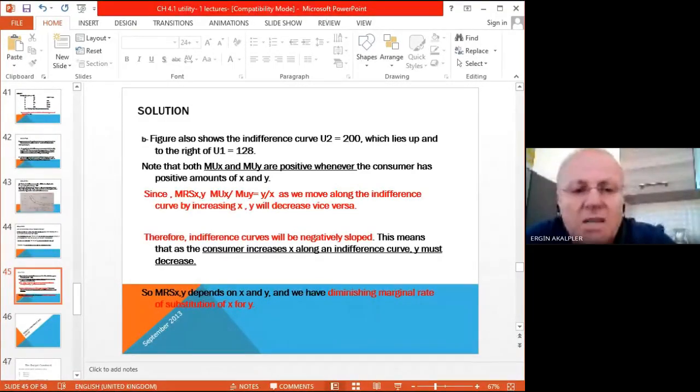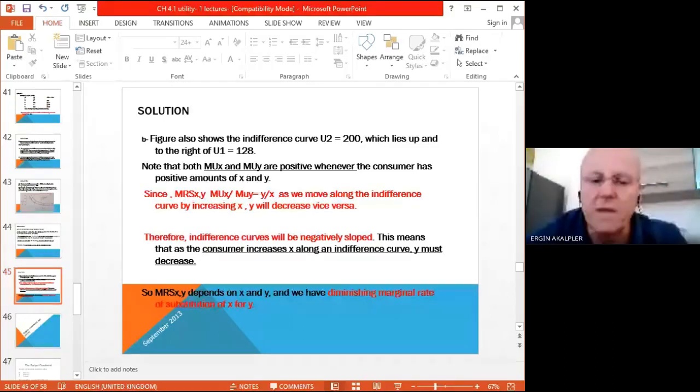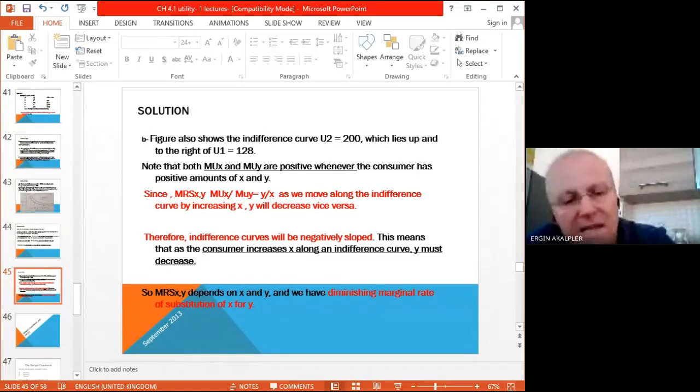Note that both the marginal utility of X and the marginal utility of Y are positive whenever the consumer has a positive amount of X and Y. Since the marginal rate of substitution of X for Y is equal to marginal utility of X over marginal utility of Y, which is equal to Px to Py, as we move along the indifference curve by increasing X, Y will decrease, and vice versa, for the same logic.